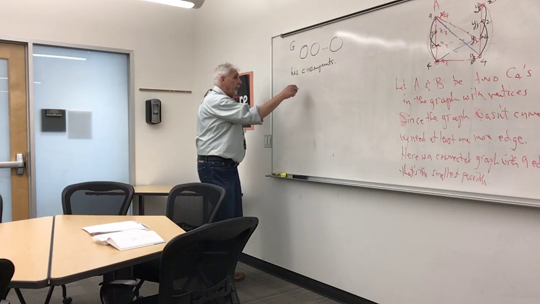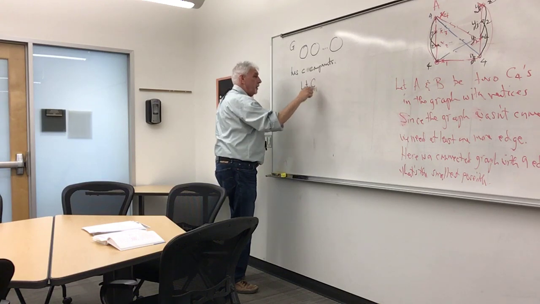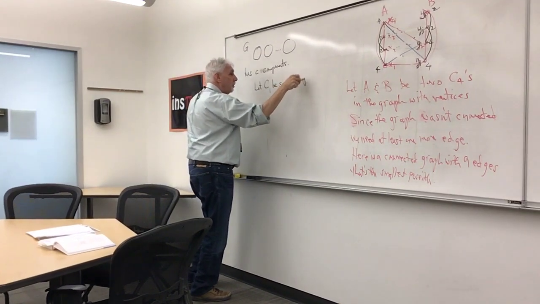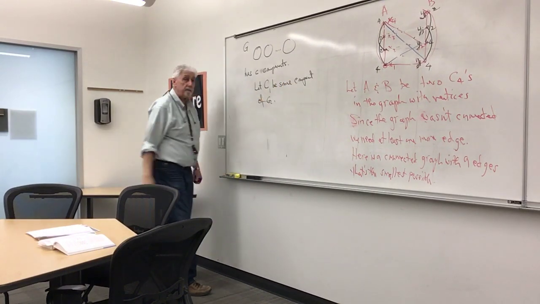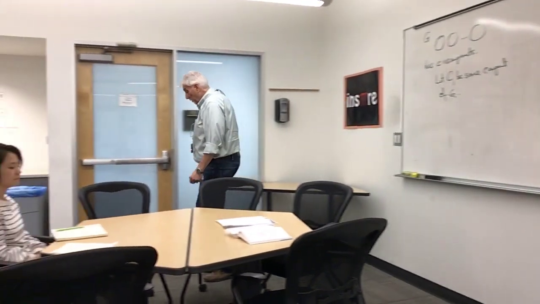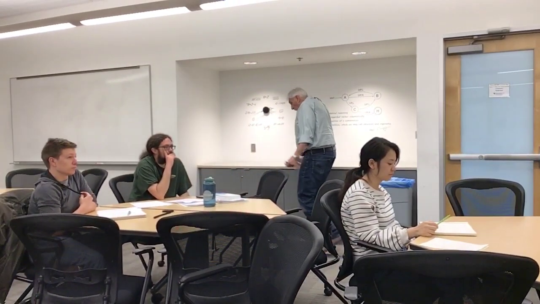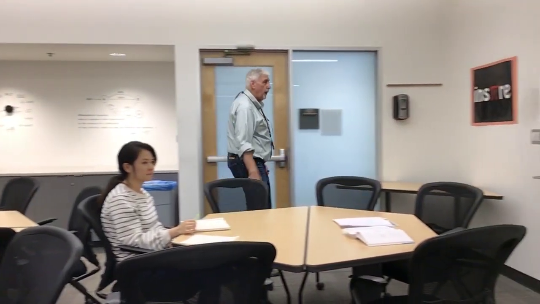So in fact, the only place I can remove an edge is, let C be some component of G. So how can the number of components go up?